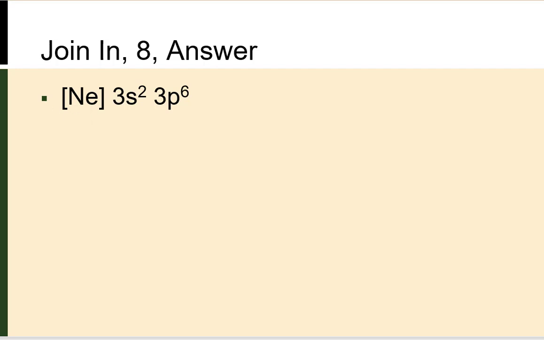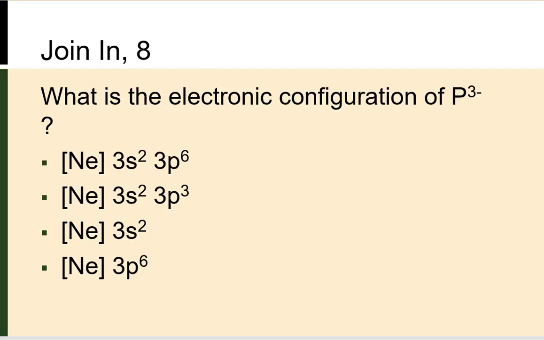Its closest noble gas before it, so we were looking at the noble gas configuration, before it is neon, so we'd have neon in brackets. And then phosphorus wants to become like argon. That's the closest noble gas. So it wants to gain 3 electrons. So it was 3p3. Now we're going to have 3p6.